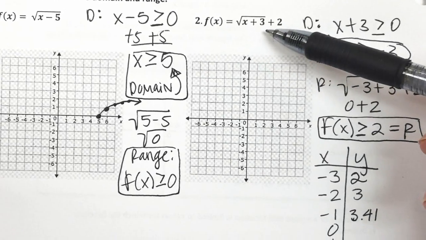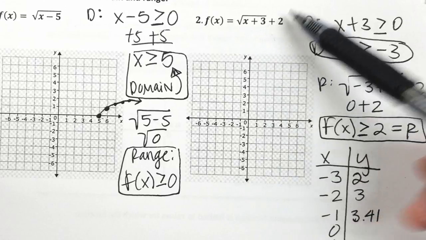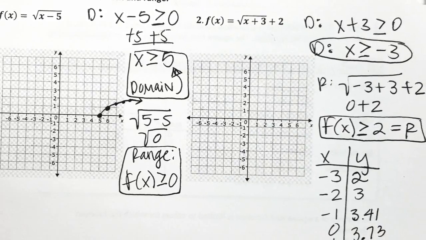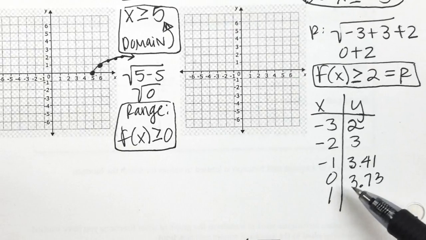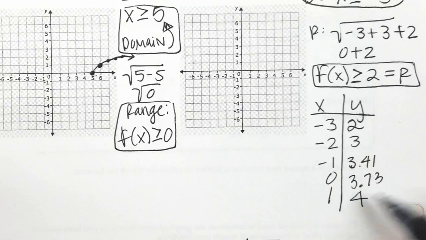We know that the square root of 3 from the last problem is what? 1.73. And what's 1.73 plus 2? 3.73. Good. And last one, I have a 1 right here. So what's 1 plus 3? The square root of 4 plus 2? Good.